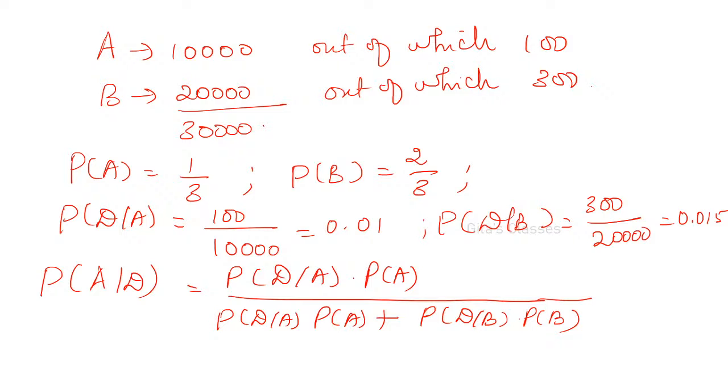You substitute the values. In the numerator you will have D given A. P of A given D is equal to, substitute the values now. 0.01, right? 0.01 into, what is P of A? 1 by 3, right?